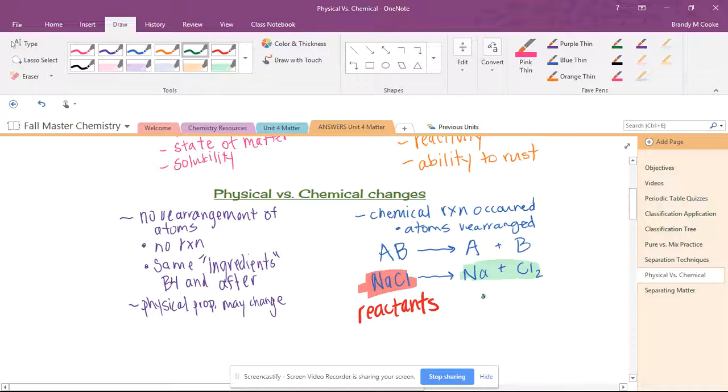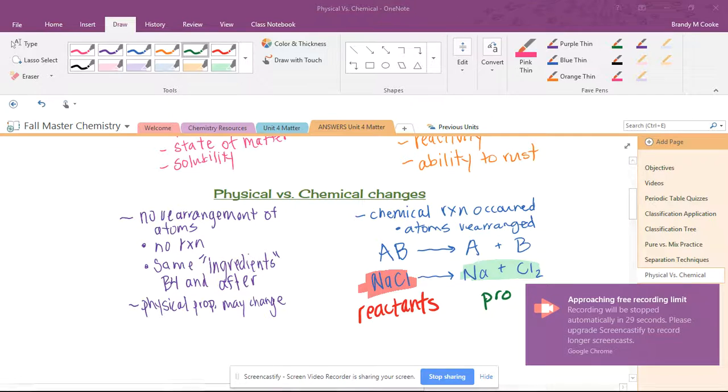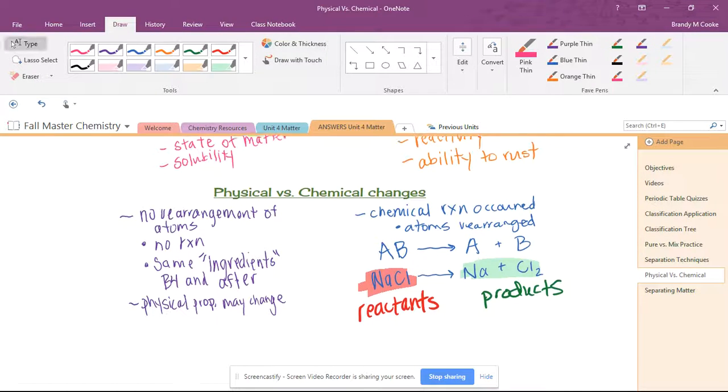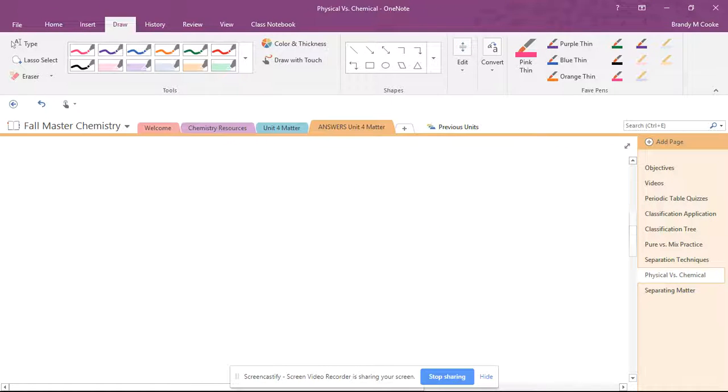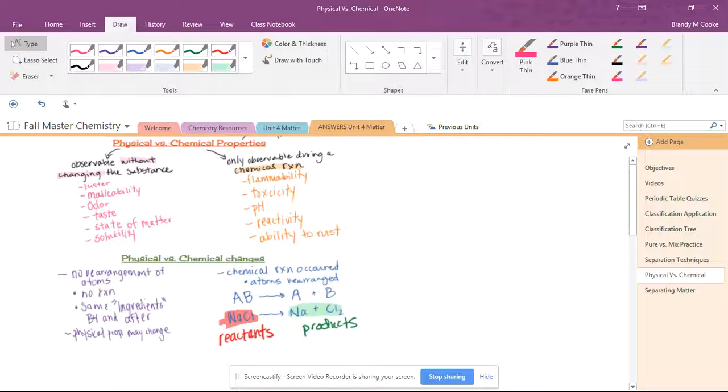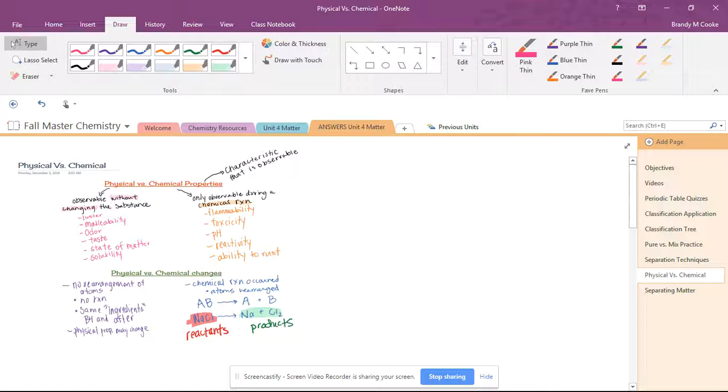They're what was made, what was produced. And as long as you know that those atoms rearrange to form new bonds, things like that, it should be good to go. And so that's chemical versus physical properties.